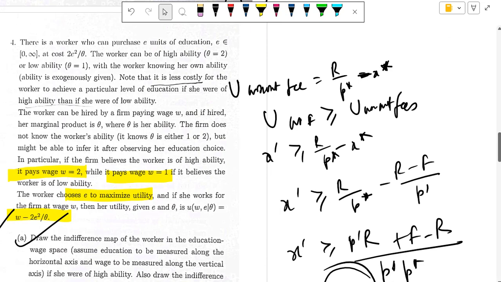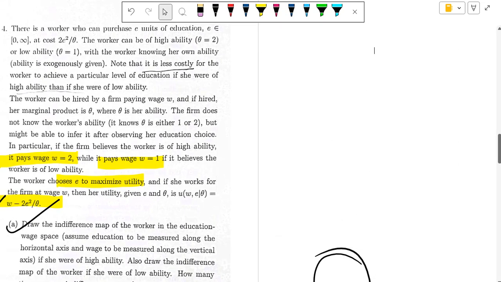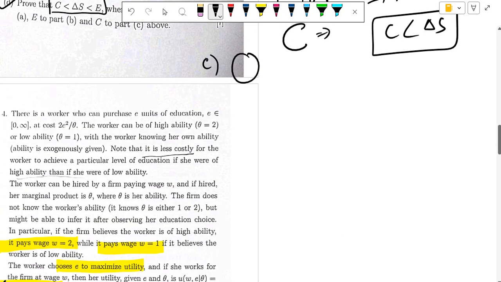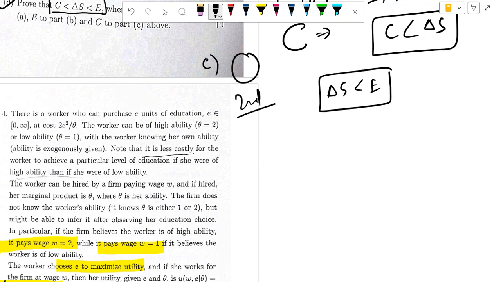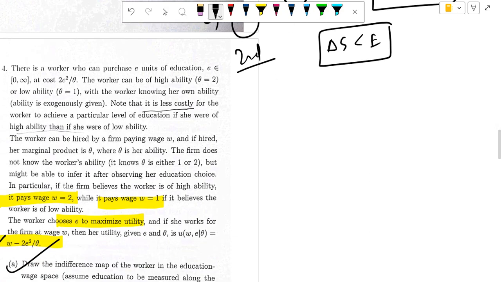Second is delta S and E's part. Second part is very easy, so delta S less than E. From part B we find that the minimum value of the cash voucher V is that which makes the consumer not worse off under the alternative situation. Okay, so that is X star, P star, P prime.